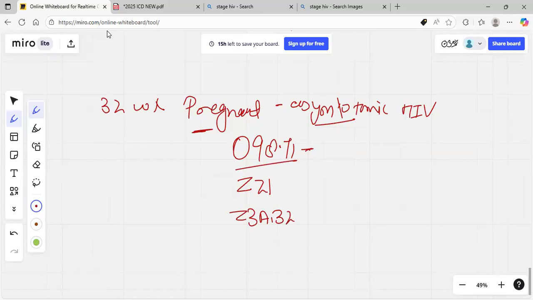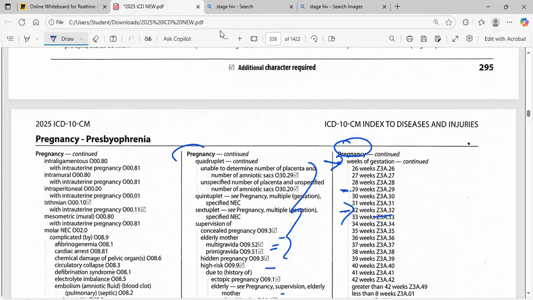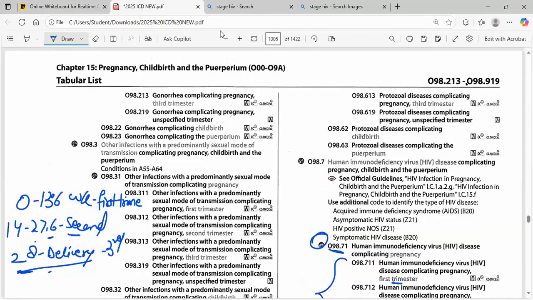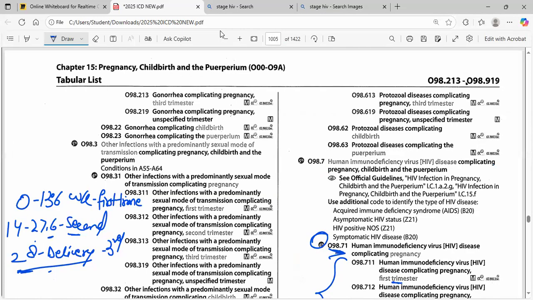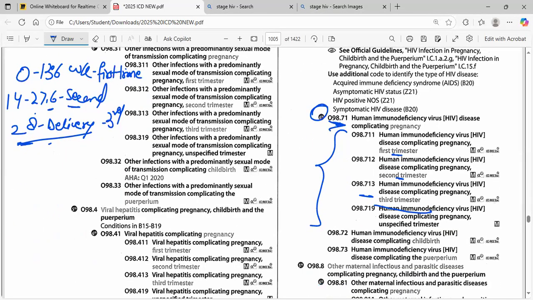Now let's complete this O98.71. We refer to this code in the tabular. O98.71 is divided into four parts based on the trimester, and the trimester is based on the weeks. 0 to 13.6 weeks comes under the first trimester, 14 to 27.6 under the second, and 28 to delivery under the third trimester.